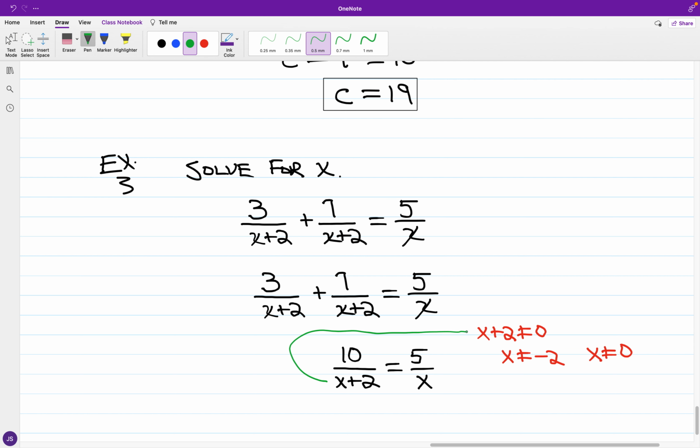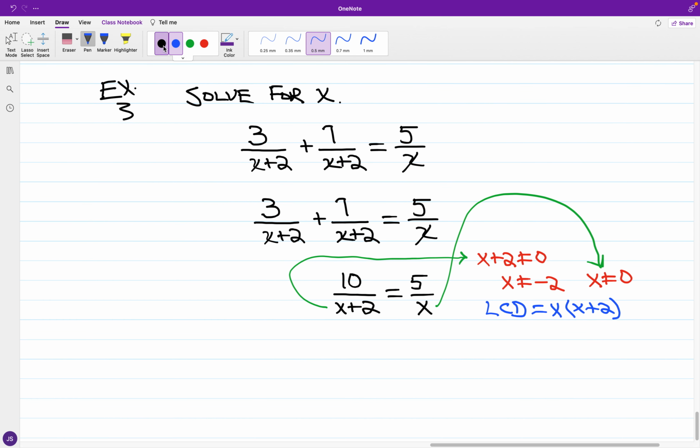So x cannot be negative 2 or 0. And again, for the least common denominator, if you've seen proportions where you can multiply alternating numerators and denominators, that's fine, but I'll just take the least common denominator here.